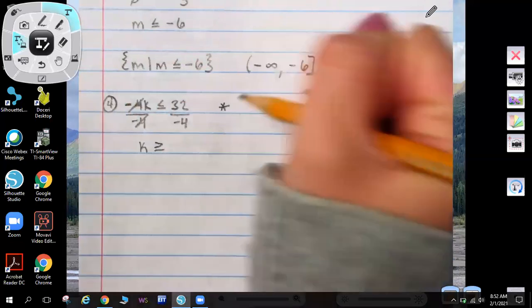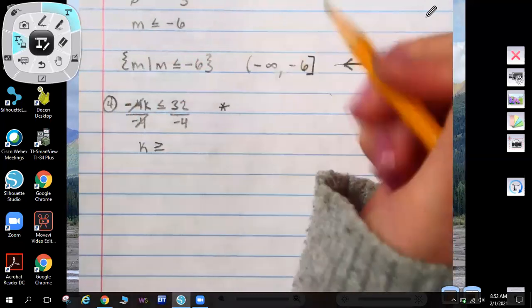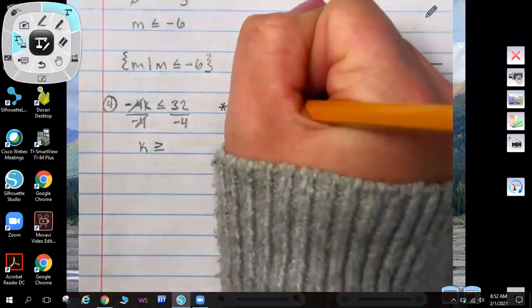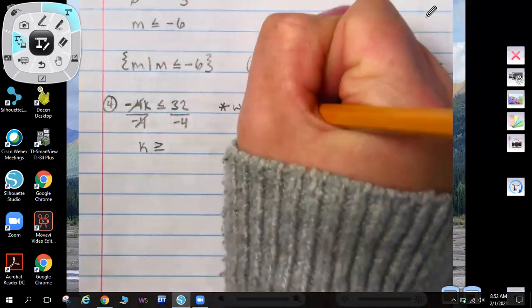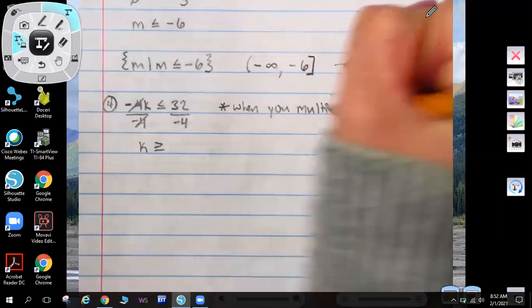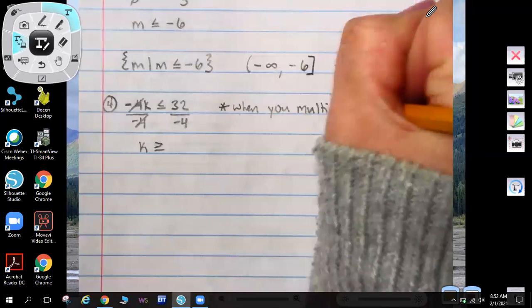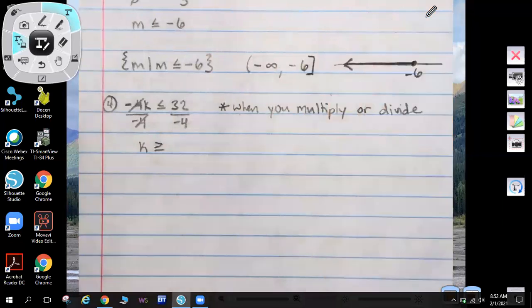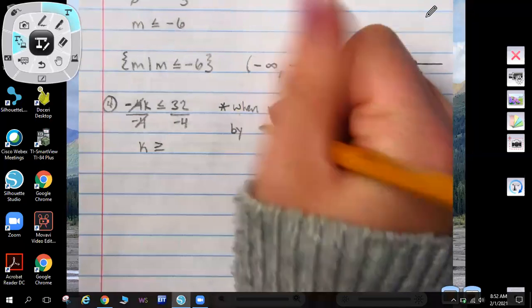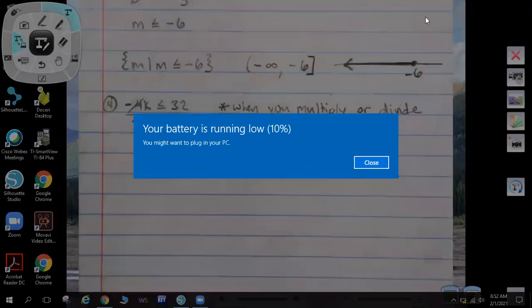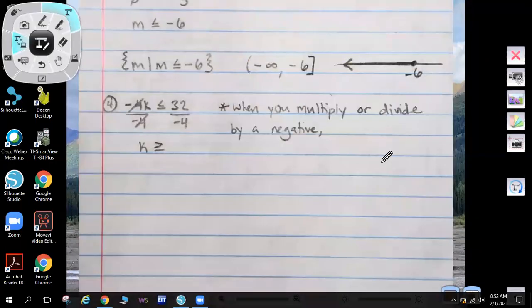So, let's make a note here, that way we don't forget. When you multiply or divide by a negative, flip the sign.